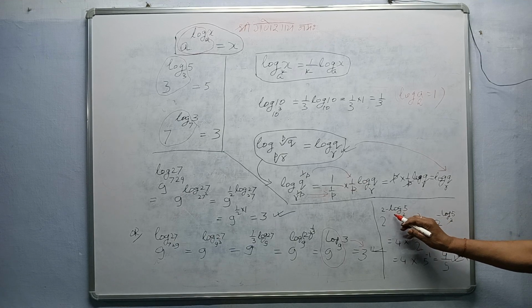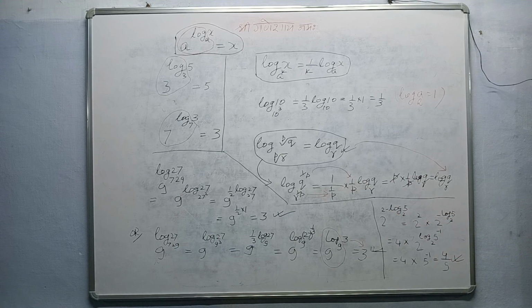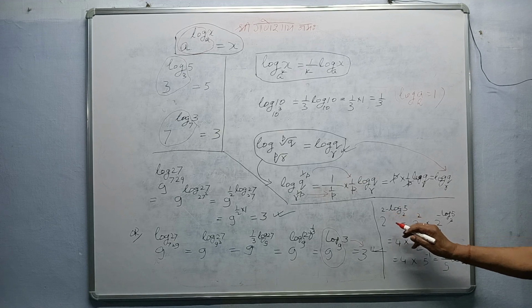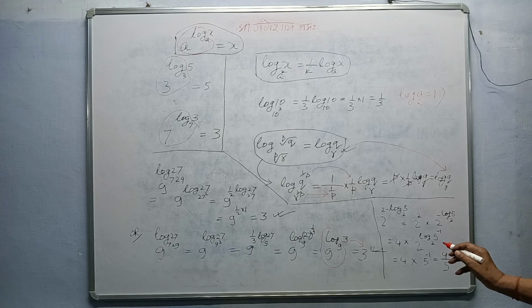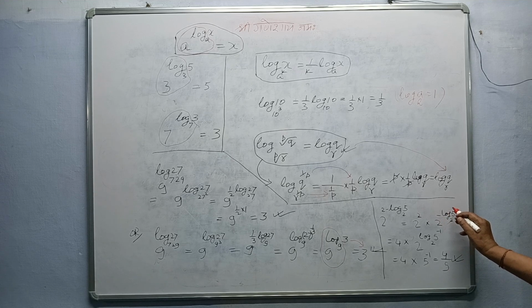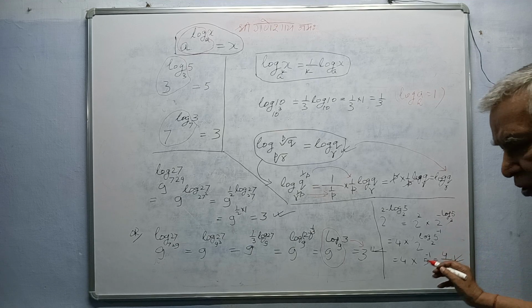2 to the power 2 minus log 5 to the base 2. This can be 2 to the power square into 2 to the power minus log 5 to the base 2. 2 square is 4 multiplied by 2 to the power, this will come here by the n formula, so 5 to the power minus 1 to the base 2.